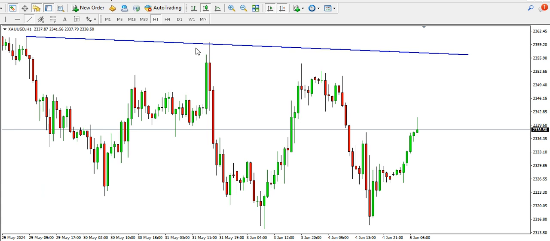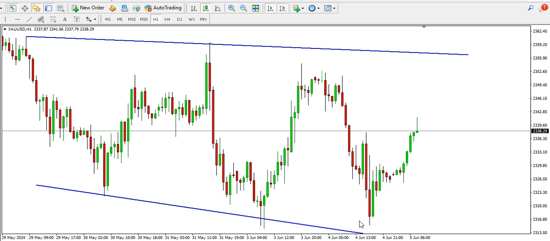We also have here, around here, a lower low. This is a lower low. But this particular low is not as low as its previous low.